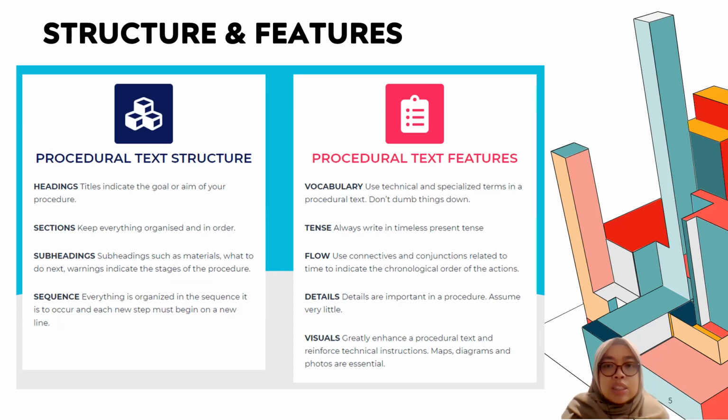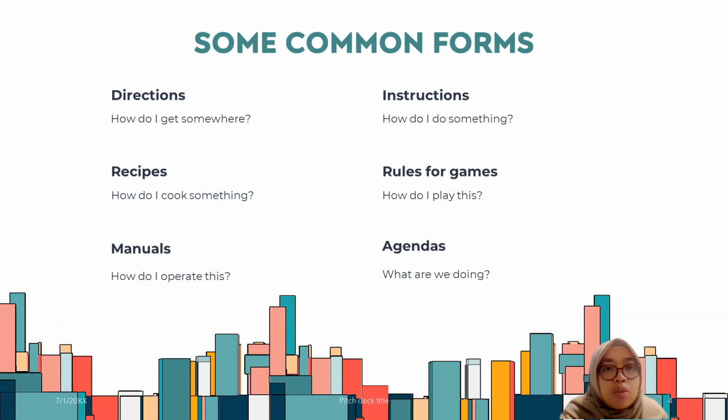Flow, use connectives and conjunctions related to time to indicate the chronological order of the actions. If, for example, you make a recipe, let's say boil the beef about 10 minutes. So you have to put precisely the time to assure that the goal of the recipe, how to cook something, is achieved.